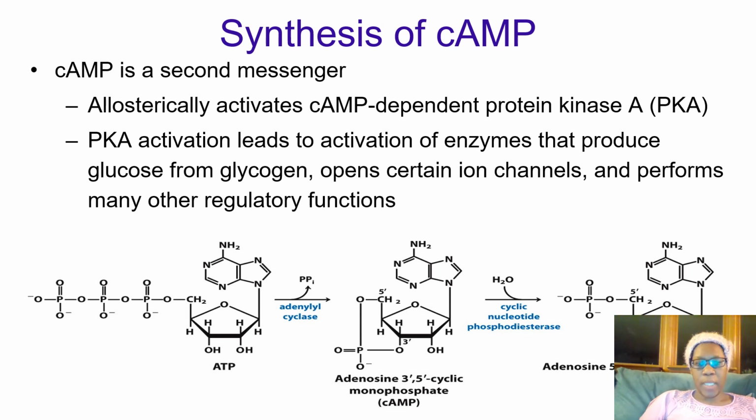So cAMP is adenosine 3',5' cyclic monophosphate. So we've gone from triphosphate to monophosphate. So we lost 2 phosphate groups. And then we've cyclized the phosphate group, and so now it's 5', 3' phosphate.